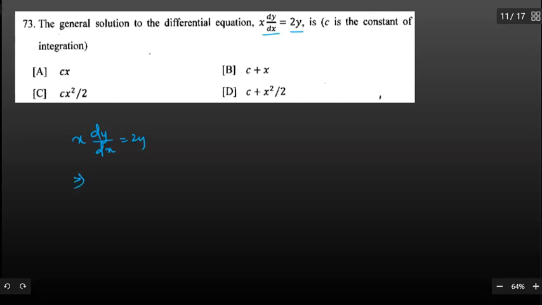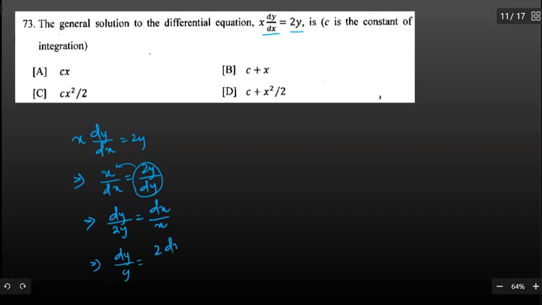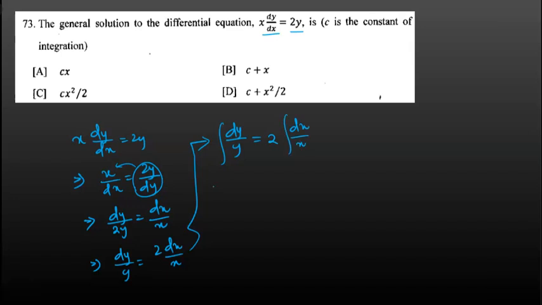So we separate the variables, and we take the y part to the left hand side, that is dy by 2y is equal to dx by x, and dy by y equals 2 dx divided by x, and on integrating both sides we get integration of dy by y equals 2 into integration of dx by x. Since 2 is a constant, it stays outside.